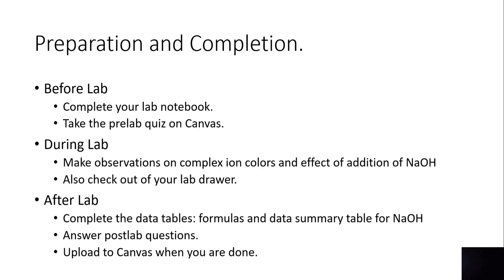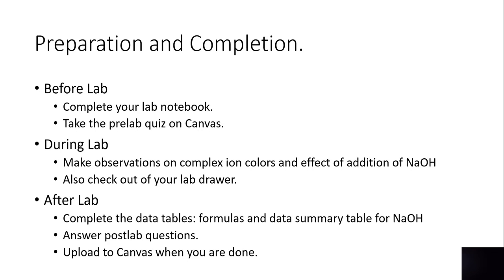So just observe what colors you see and if you have a precipitate when you add sodium hydroxide or not. During this time, we'll also be checking out of the lab drawers. So we're also kind of cutting back on some of the things we're doing in the lab to give you the time to do that, in terms of using, for example, the sodium sulfide. So make sure you get all of that done.